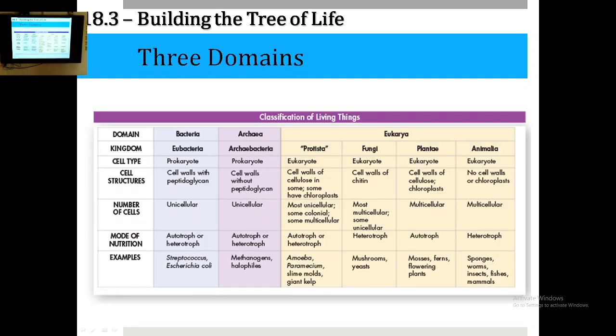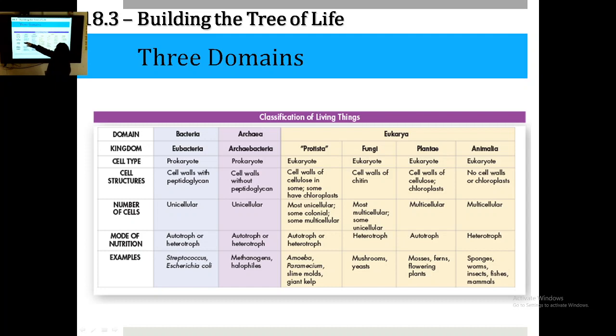Let's check the classification of living things. For the domains: bacteria, archaea, and eukarya. Kingdoms: Eubacteria, Archaeobacteria, Protista, fungi, plants, and Animalia. For the cell types, prokaryotic cells for the bacteria and archaea, and all of the eukarya have eukaryotic cells.